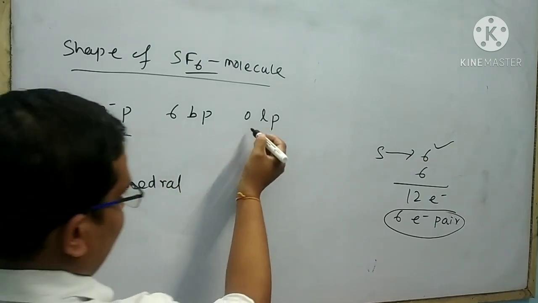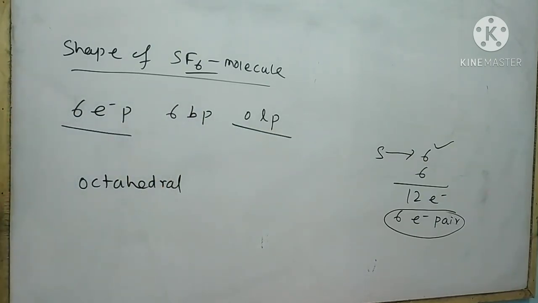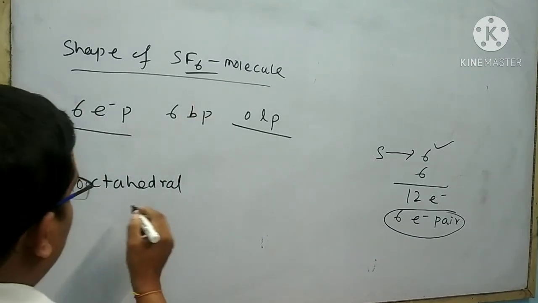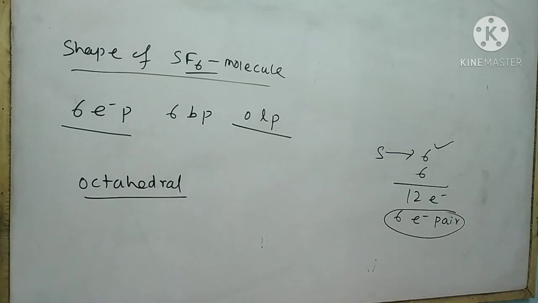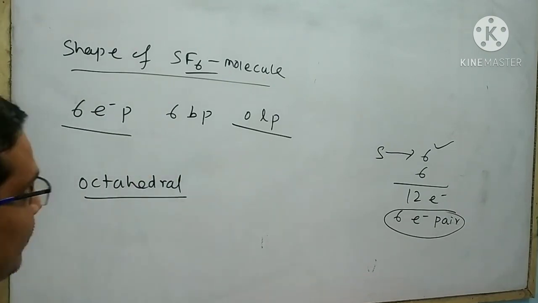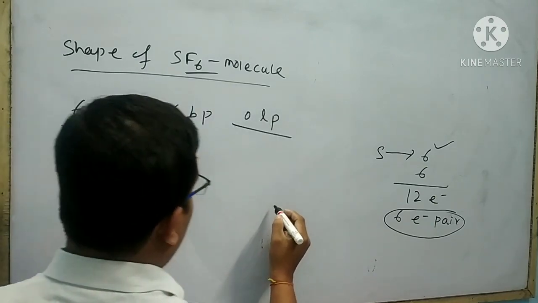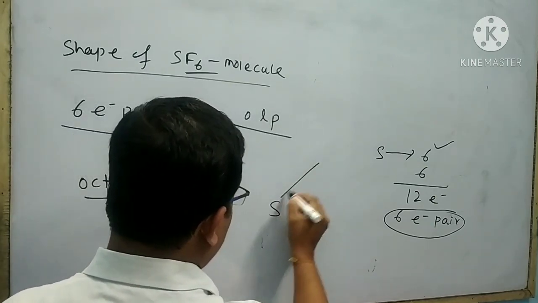Since there is no presence of lone pair, the shape or structure of SF6 molecule is also octahedral, which is equal to the geometry of SF6 molecule. I can draw the octahedral shape of SF6 molecule like this.